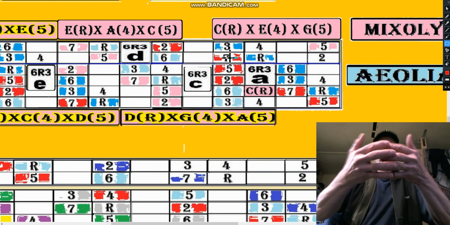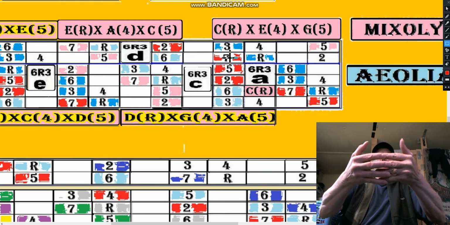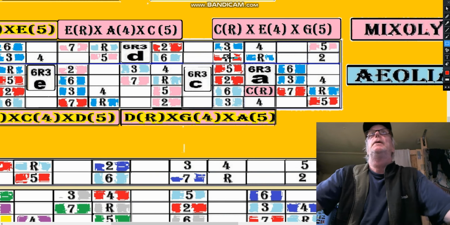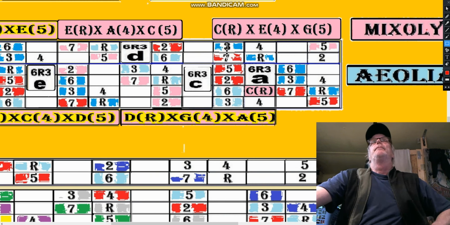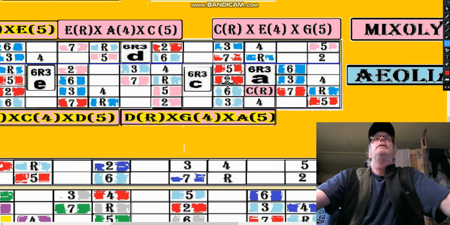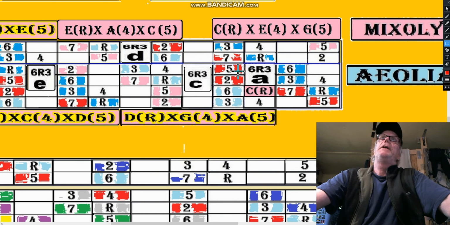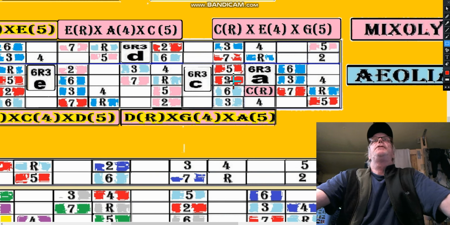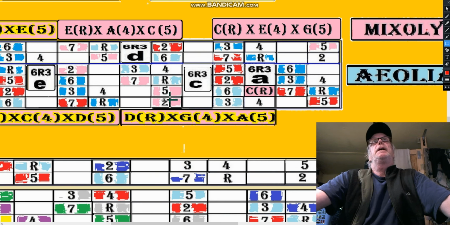Actually, they become the same note. So the A-shaped fifth is part of not only the arpeggio in the G box, but it's part of the arpeggio in the A box, from the CAGED shape to the left.